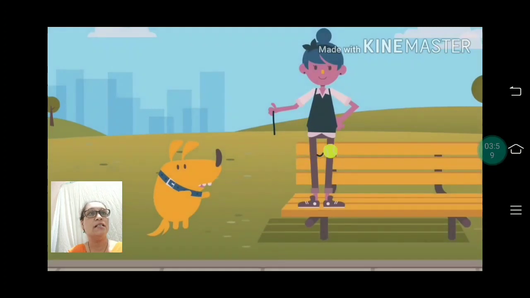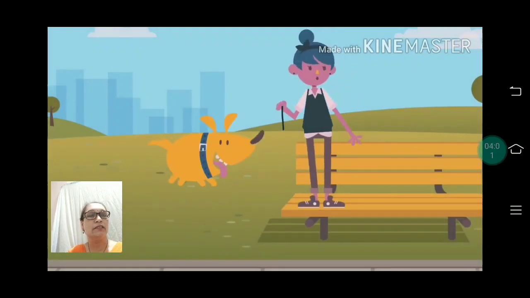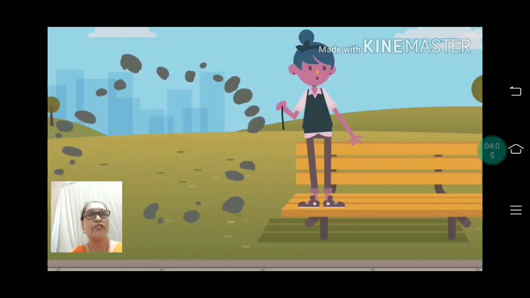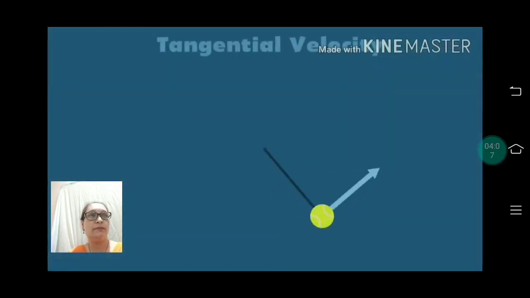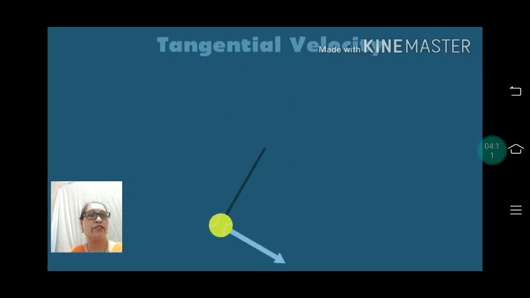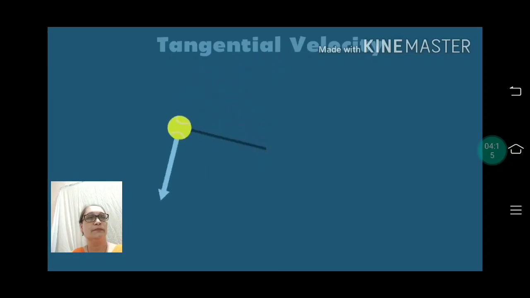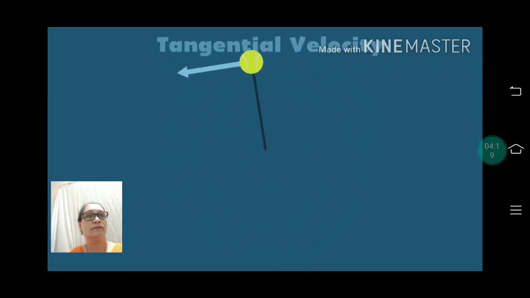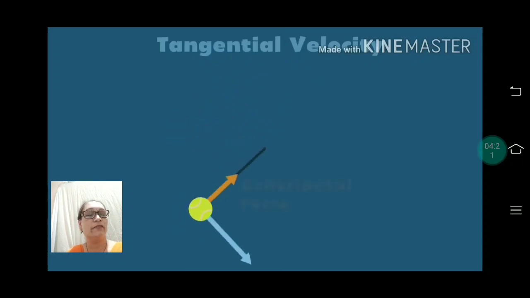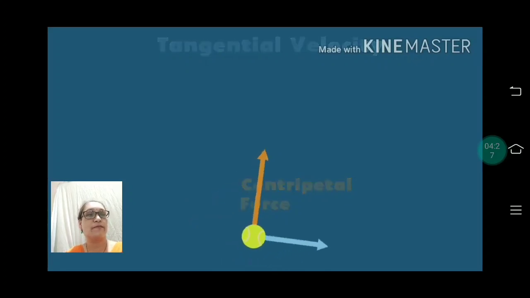If we cut the string, then the ball goes in a tangential path. That is tangential velocity. In this clip, we can see tangential velocity as well as centripetal force.